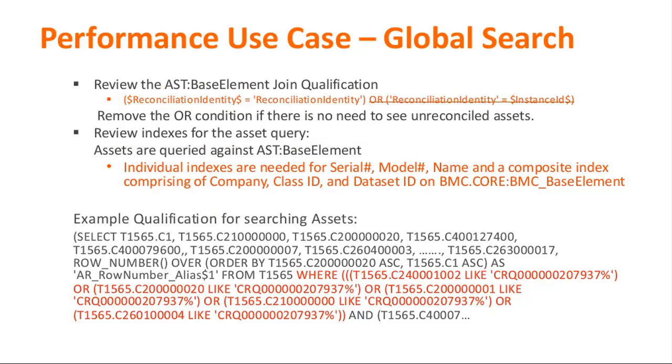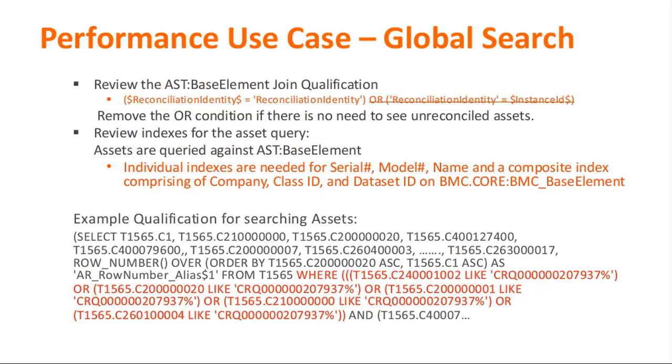A couple other things to consider for better asset performance is to review the join criteria on the AST-based element. By default, the qualification is reconciliation ID equal to reconciliation ID, or reconciliation ID equal to instance ID.